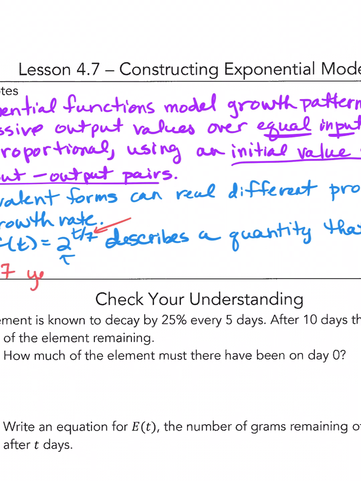Every 7 years. Whereas f of t equals, remember, we're going to take the 1/7 power, that would be 1.104 to the t. Those are the same thing. But this shows growth every year.